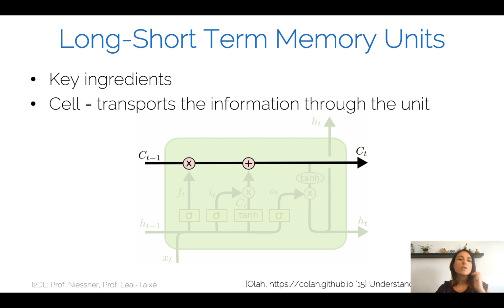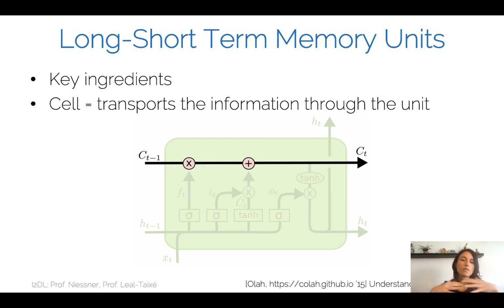So now there are a few key ingredients of LSTM units. One of the most important ingredients is this cell. The cell transports the information throughout the unit. So look at what happens here. This is the cell state at t-1 that enters the current hidden state unit. Some operations are performed on it, and the cell state ct is the output of this hidden state.